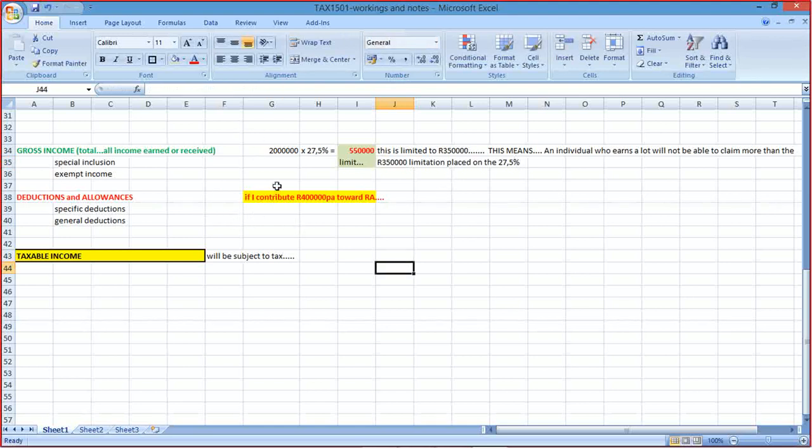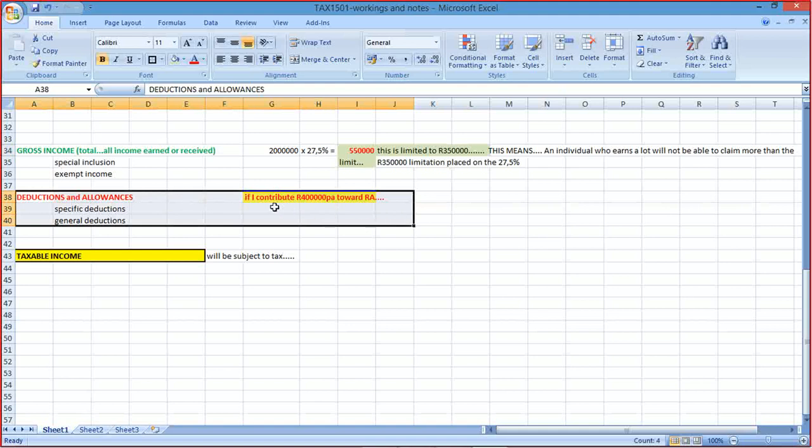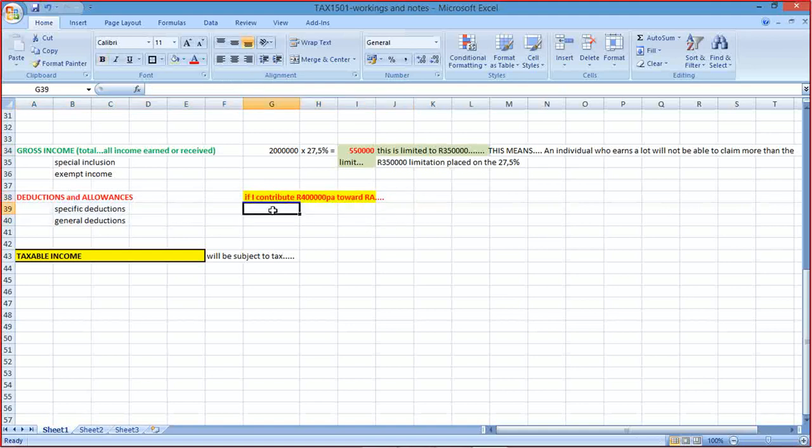So in this scenario, if I earn 2 million a year and I multiply that by 27.5%, the limit would be 550,000. But then this limit is limited to 350,000 a year. So if I contributed 400,000 Rand over the year to an RA, only 350,000 of those contributions will be claimable as a deduction.